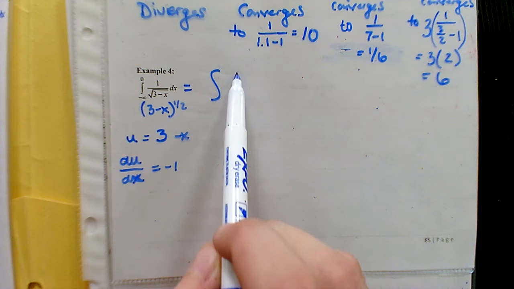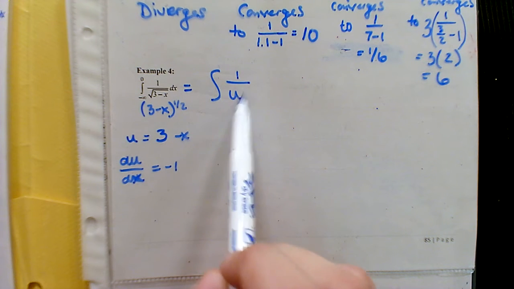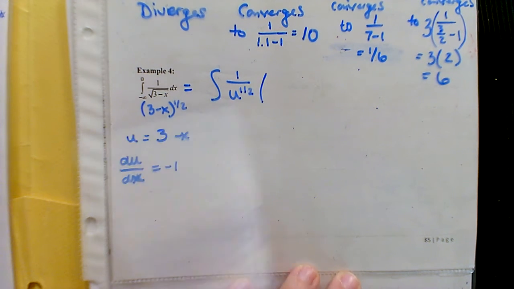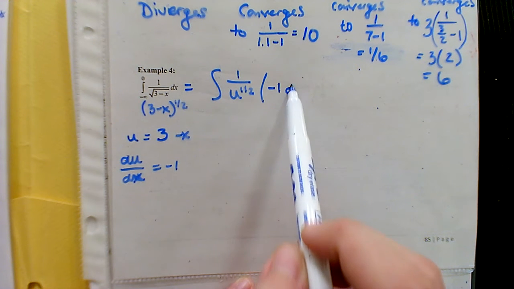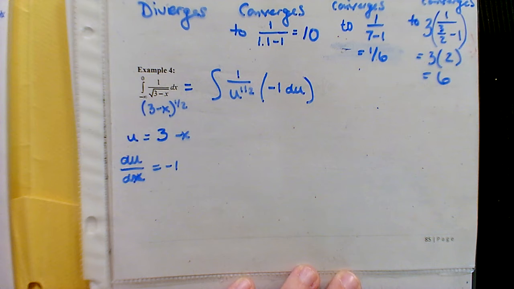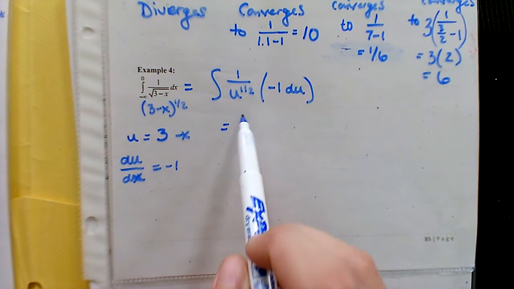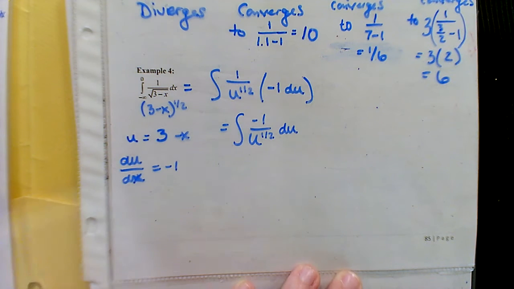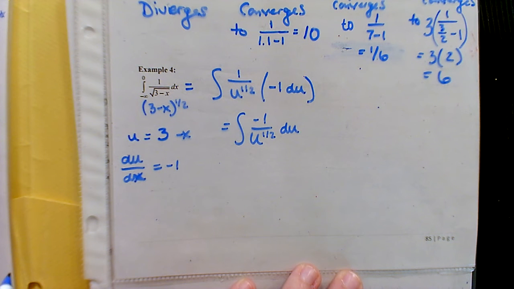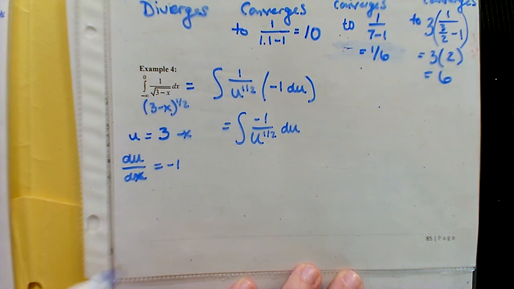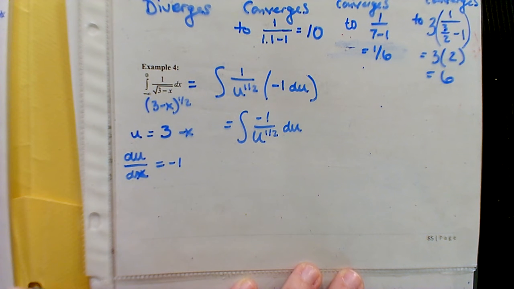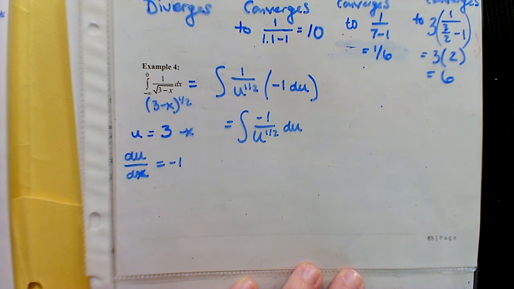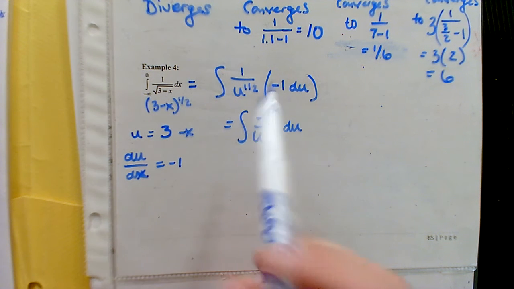If we rewrite the integral, we have 1 over u to the 1/2. And then dx would be -1 du. All right.